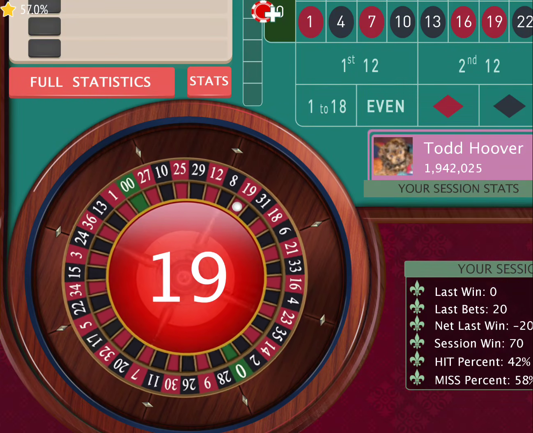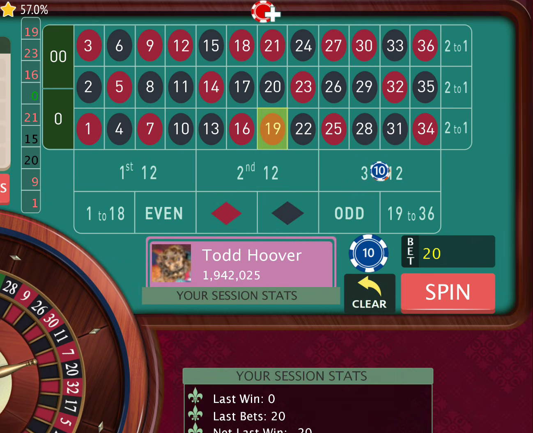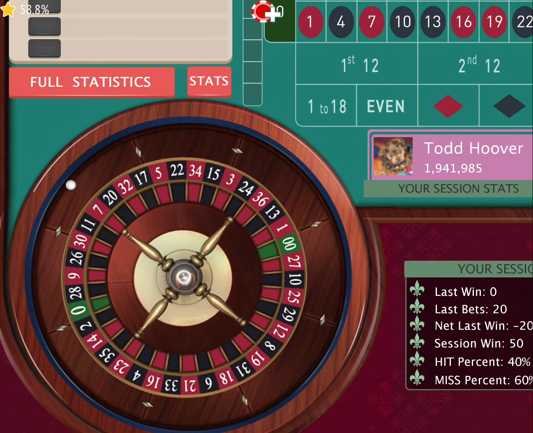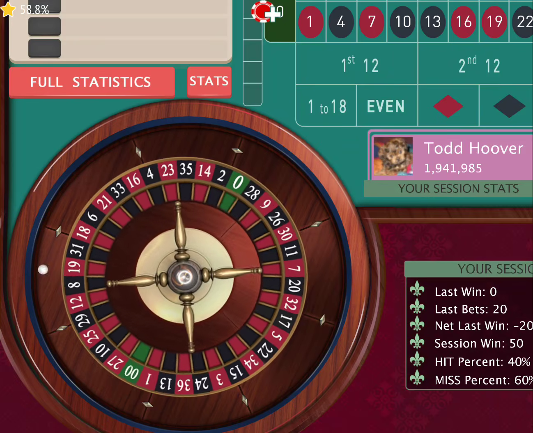High number. Oh, I thought I saw the 31. I was getting excited. Okay, so we missed that. So now it's been hitting high for such a long time. I'm going to put my $40 bet right over here on the 1 to 18.